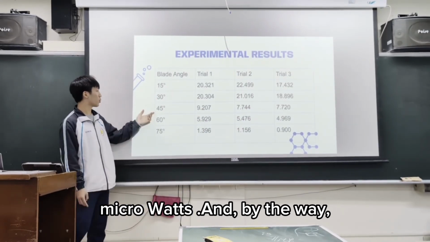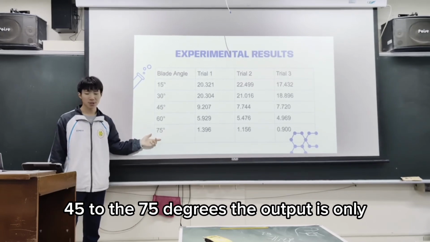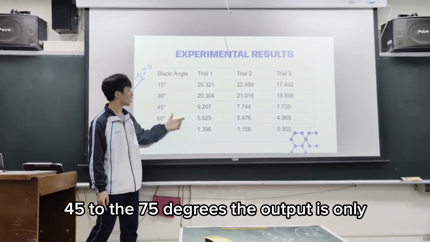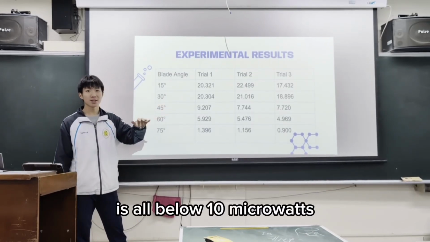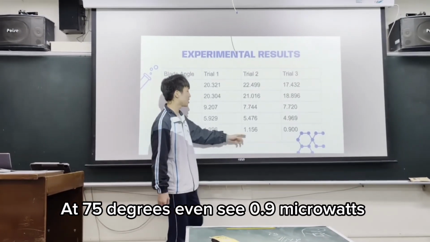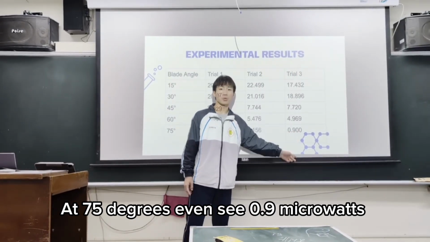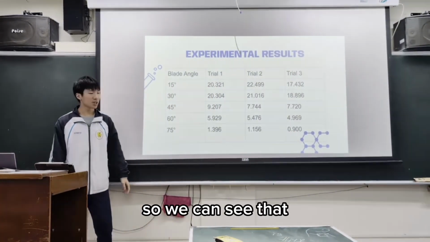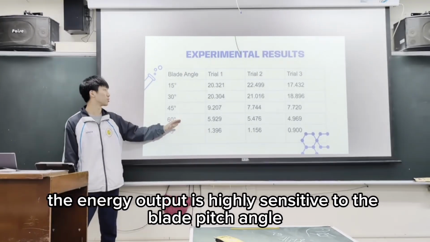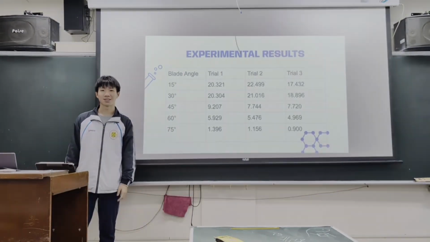And by the way, from 45 to 75 degrees, the output is all below 10 microwatts. At 75 degrees, we even see 0.9 microwatts. So we can see that the energy output is highly sensitive to the blade pitch angle.